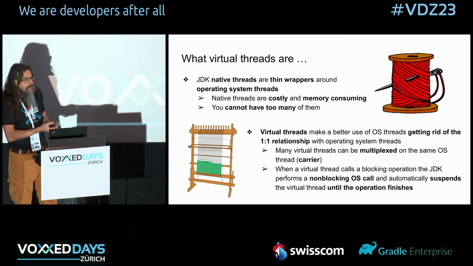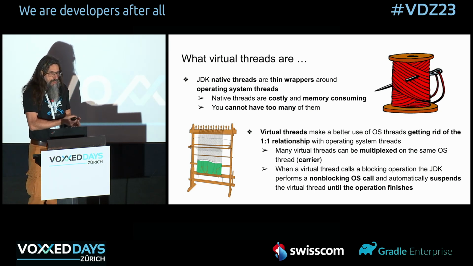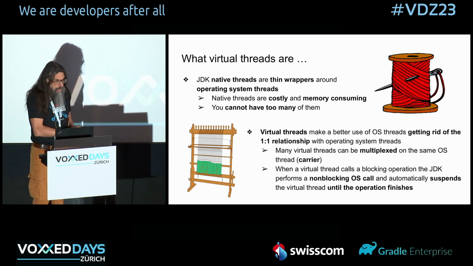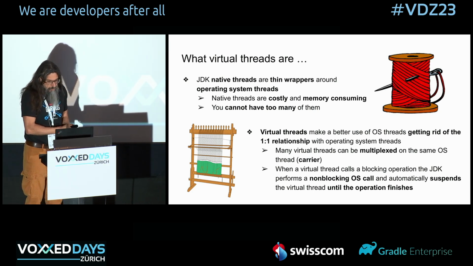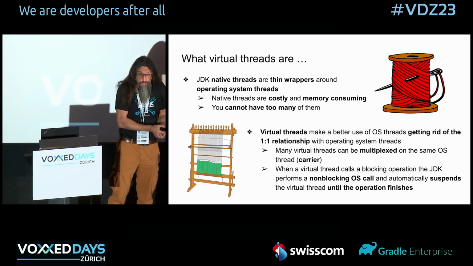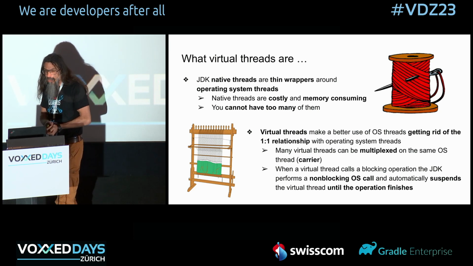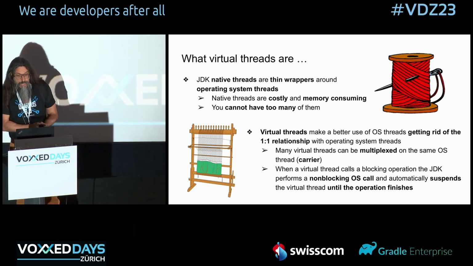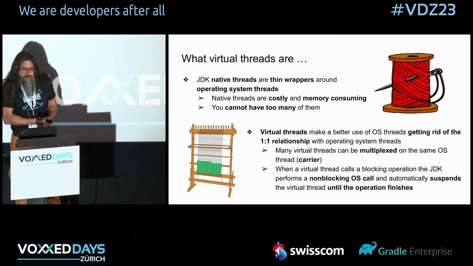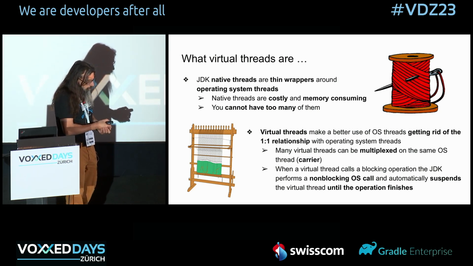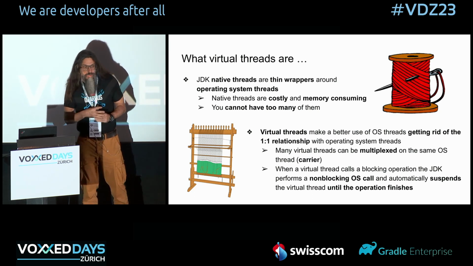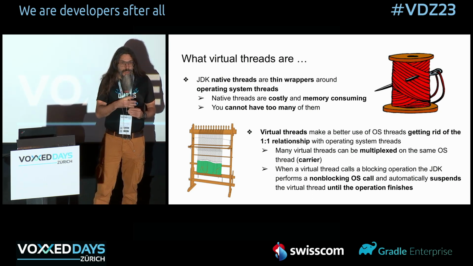So basically, you are using in Java the threads that are provided by the operating system, and this means that they are a scarce resource. They are a costly resource in terms of memory footprint mostly, and this implies that you cannot have many of them.